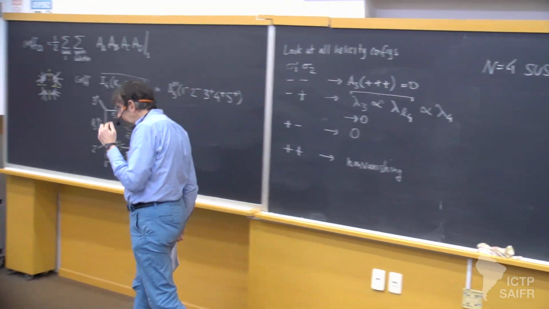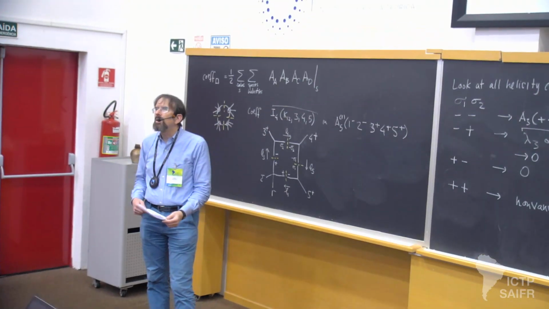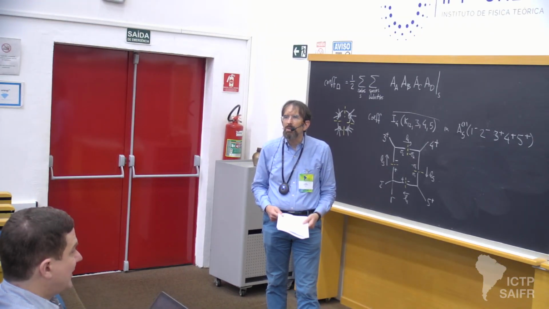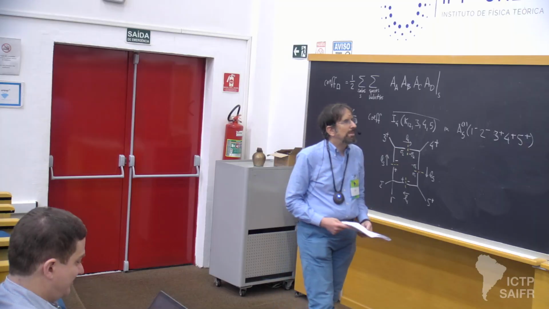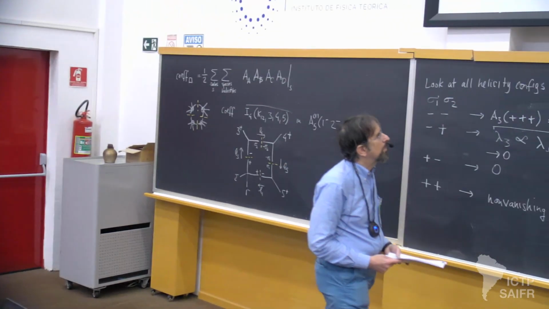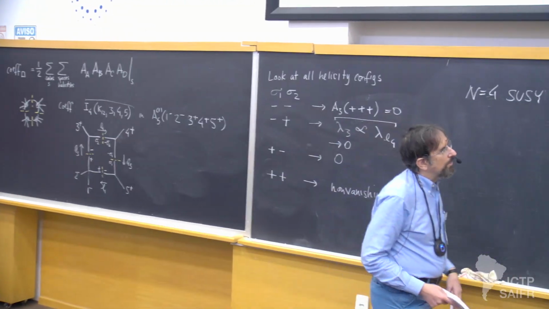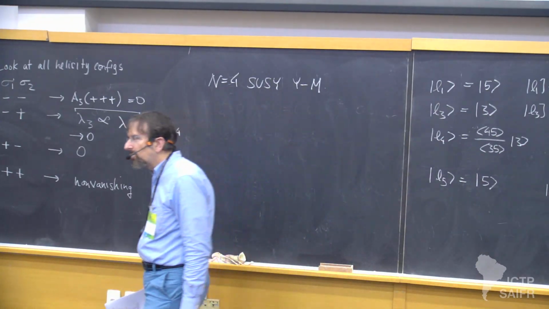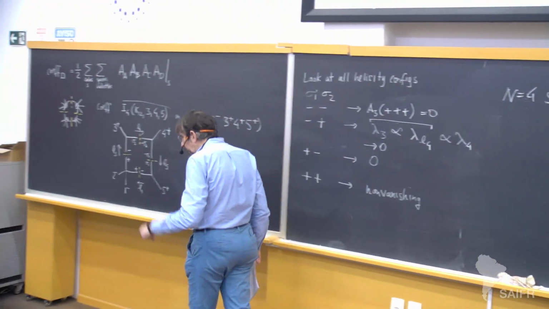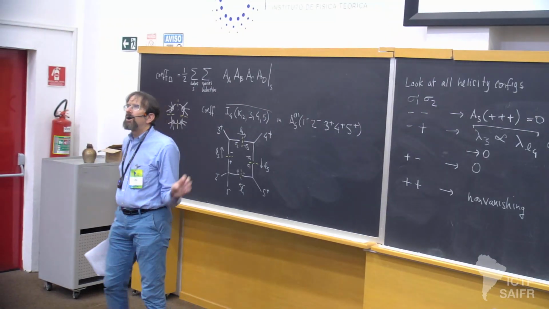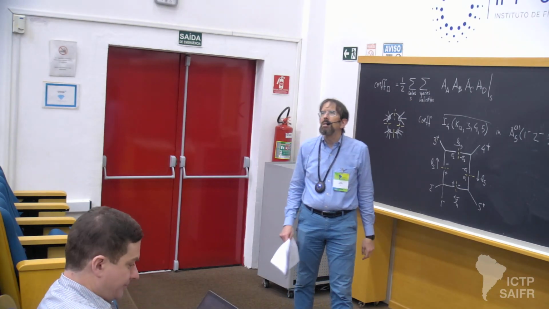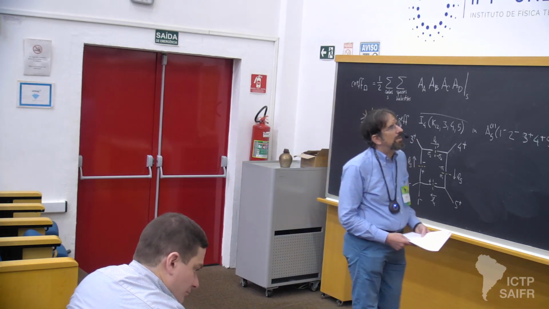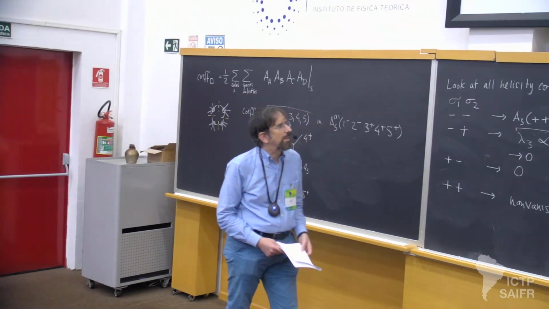And moreover, thanks to things called supersymmetric Ward identities, I don't know if Henrik discussed them at all or not. So that's not something you'll see in any of the lectures this week. But it turns out that in the N=4 case, you can get all the other contributions just from Ward identities. So with this one computation, you've actually computed a complete 5-point amplitude at one loop in N=4 supersymmetric Yang-Mills theory.